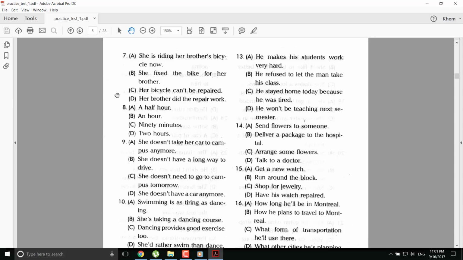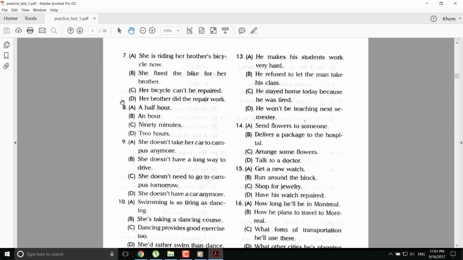Number 9. "Maybe you could get a ride to campus with Peggy tomorrow." "Oh, Peggy no longer drives to class." What does the man say about Peggy? Number 10. "Swimming is good exercise."